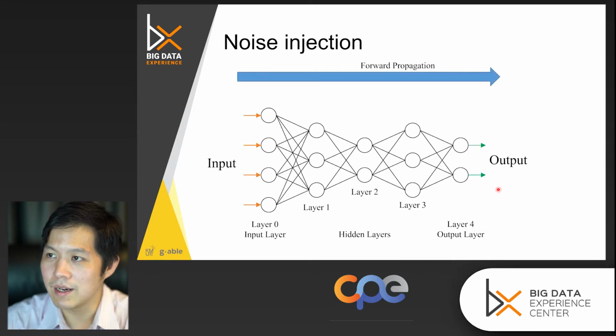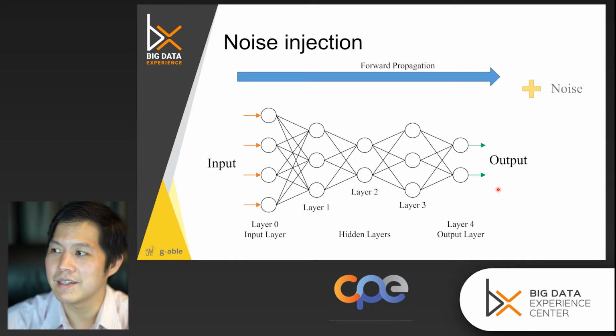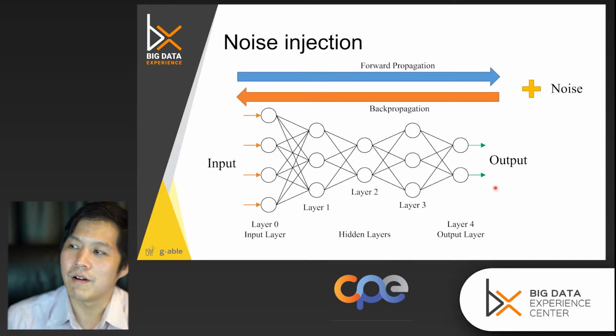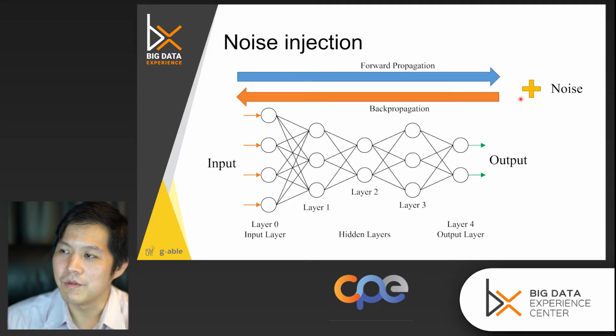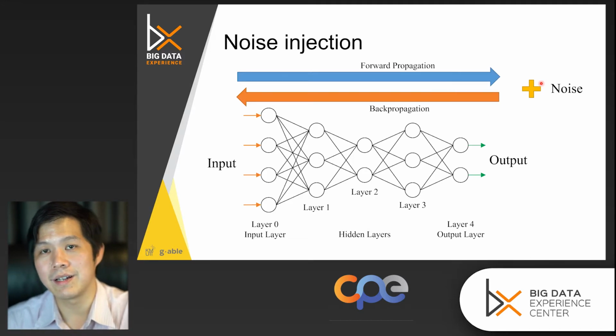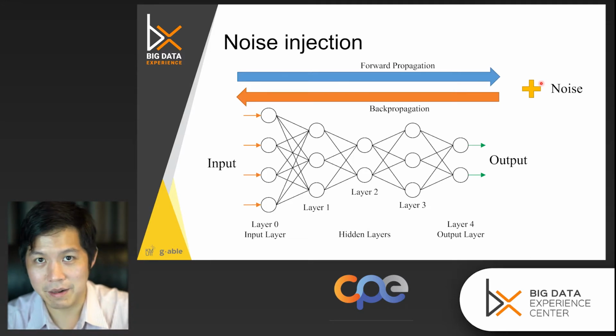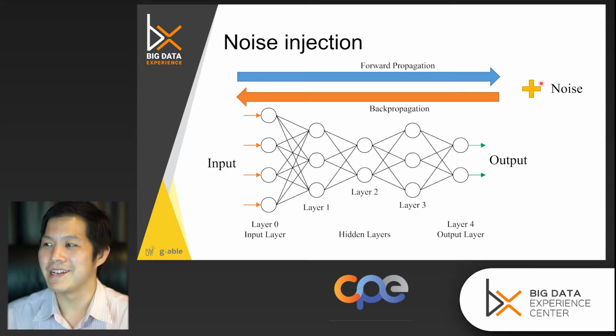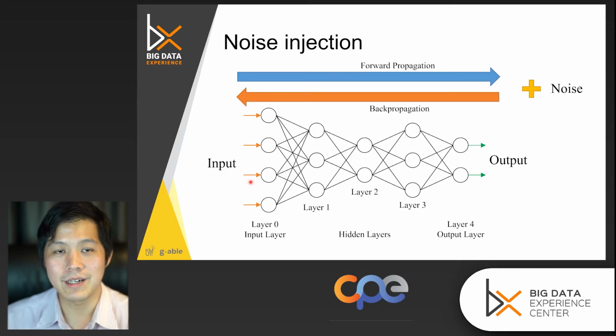So it works like this one, for propagation, adding noise. Then from this noise added, you can see that the error at the end would be propagated back in the back propagation. That means there could be some errors, right? From the large gradient, it can be a larger gradient based on noise, but the inputs are the same.